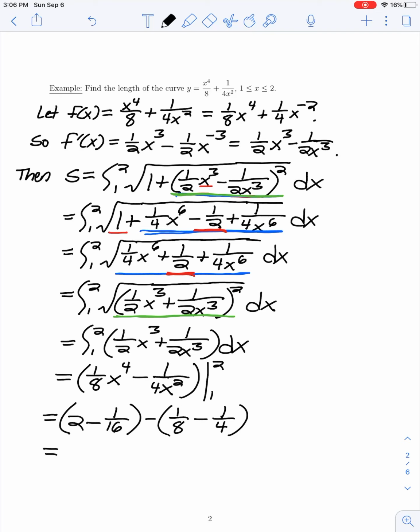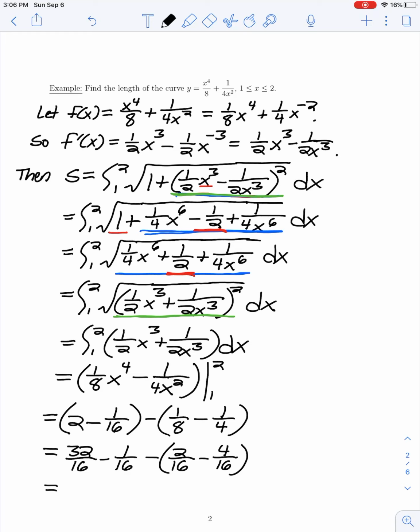To combine all of these terms it might be helpful to get a common denominator of 16. So our 2 would be 32 over 16 minus 1 over 16. Then I'm subtracting, well, I had a 1/8, which would be 2 over 16, minus 1/4, or 4 over 16.